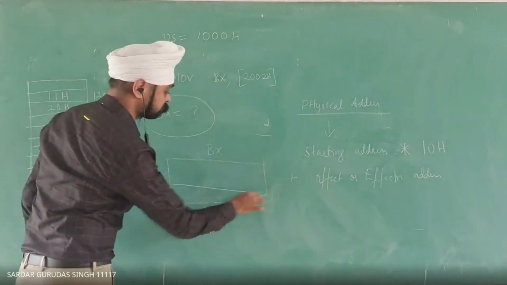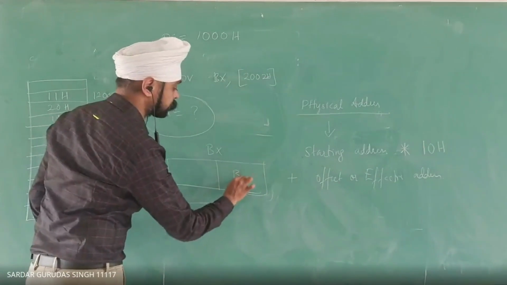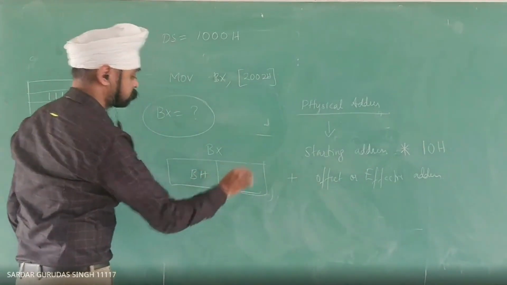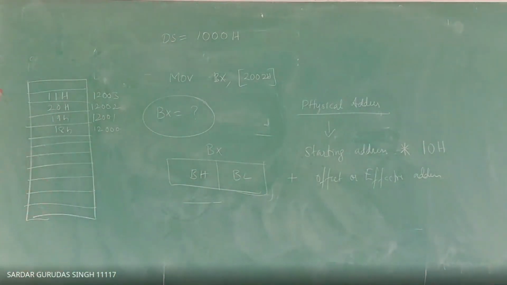BX means it will have BL and BH. What will be stored at the BL register and what will be stored at the BH register?